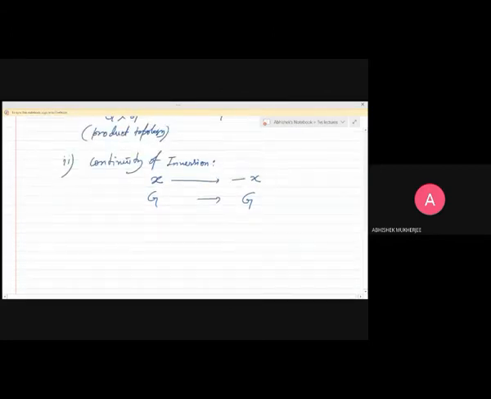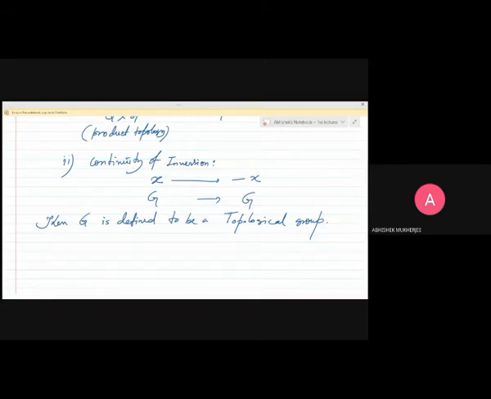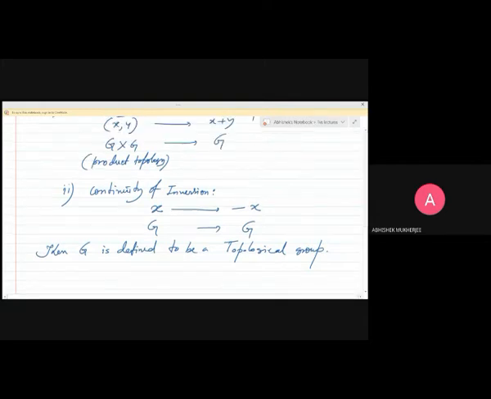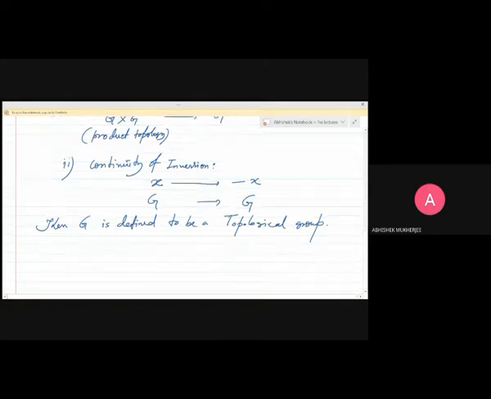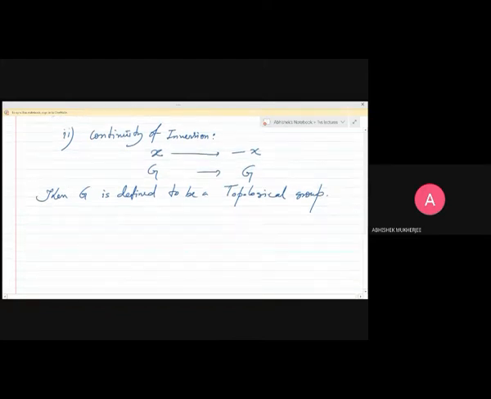Then G is defined to be a topological group. That is, you consider an abelian group, additive abelian group, on which you are going to define a topology for which the inversion and the operation addition are continuous with respect to the topology defined on G.